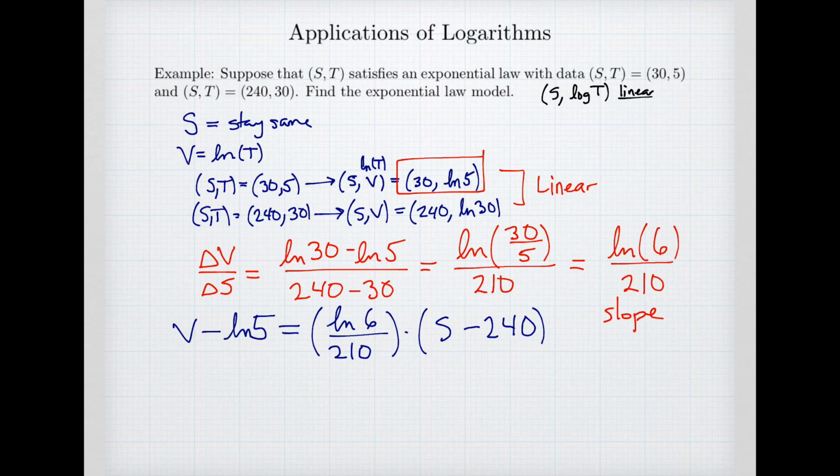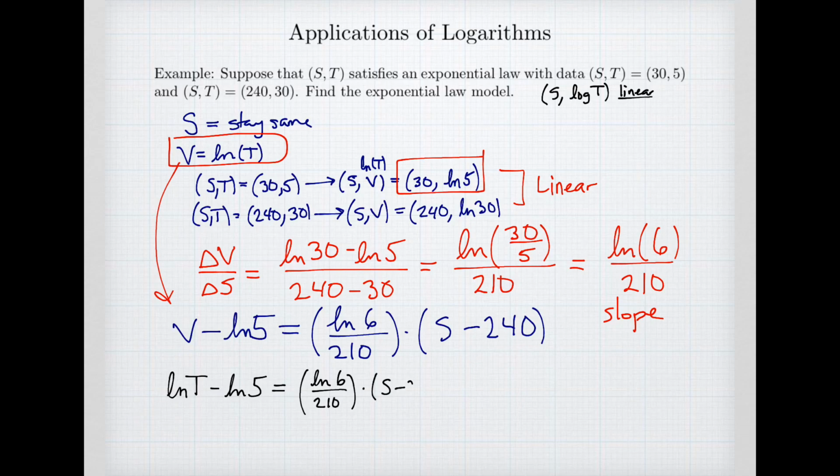Alright, so the last step is to transform back. So we need to undo our transformation, and we'll think now that we have the natural log of t, that's what v is, minus natural log of 5 is this slope, natural log of 6 over 210, times our s minus 240.